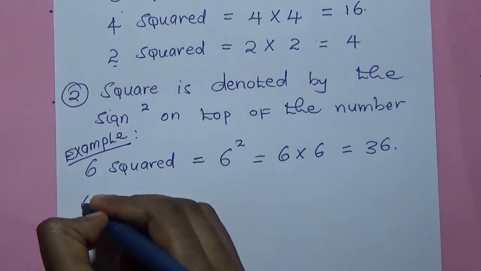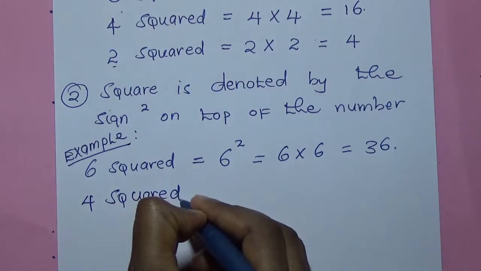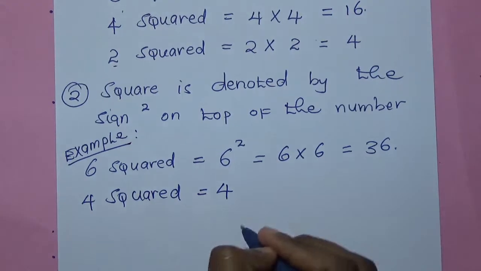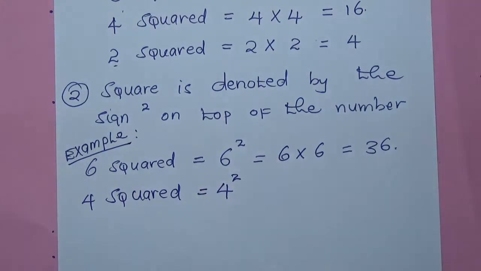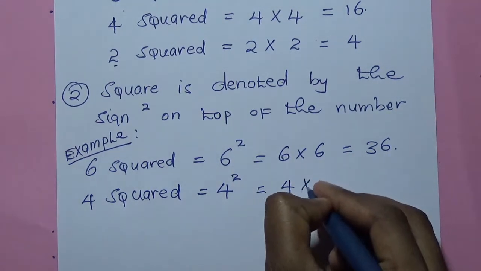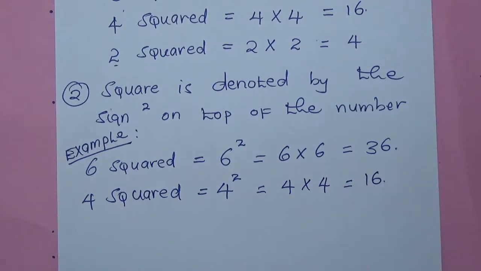Also, 4 squared can be written as 4 with a small 2 on top, which I have said it means you square 4. And squaring 4, we have said you multiply 4 by itself. So it will be 4 multiplied by 4 to give you 16.